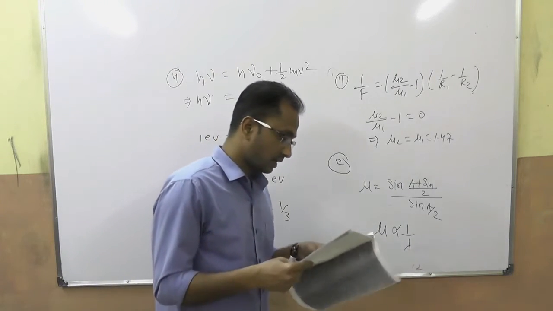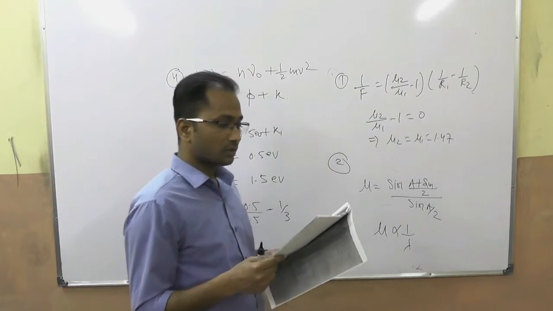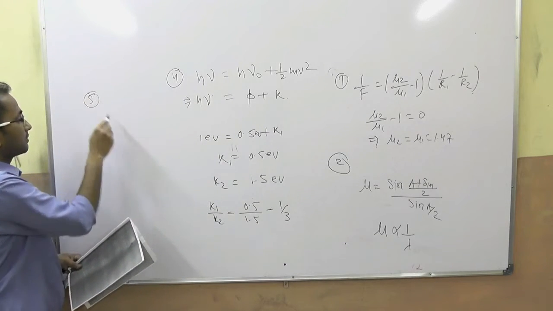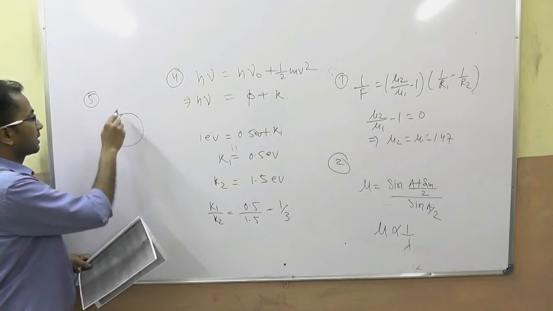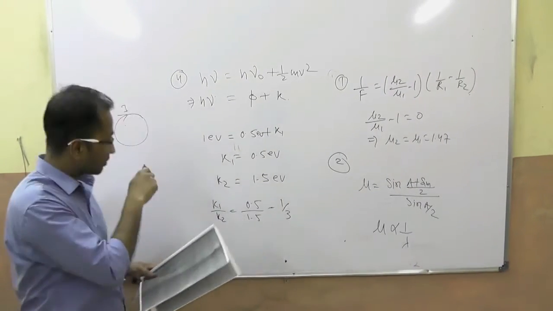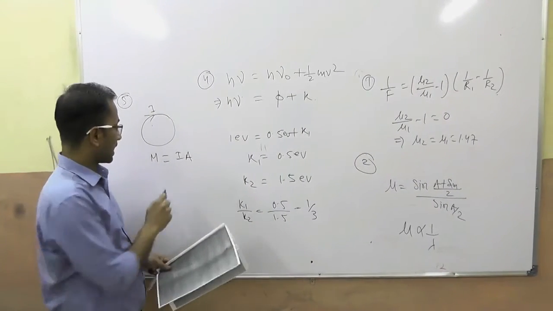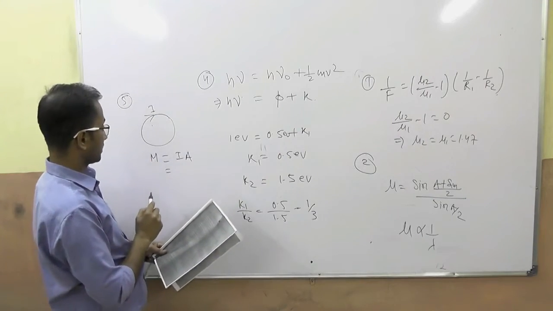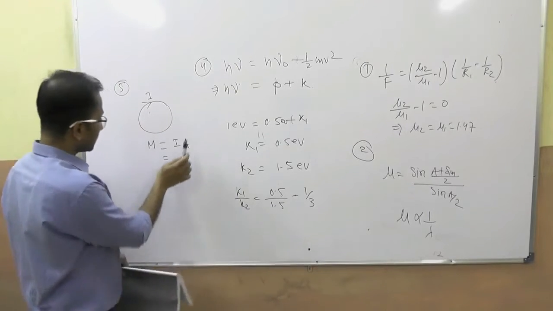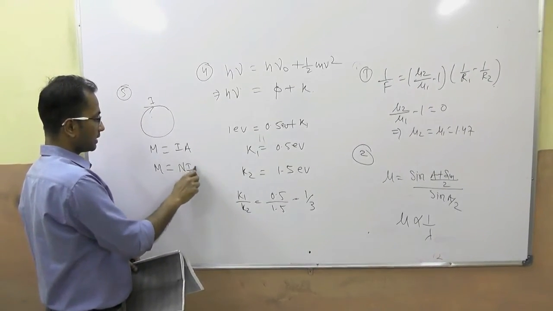Now question 5: the magnetic dipole moment of a current carrying coil does not depend upon. So I think everyone knows if current I is flowing in a current loop, then magnetic moment M is I into A. If there is any number of turns, the magnetic moment becomes NIA.